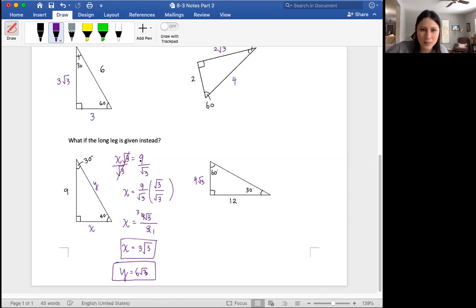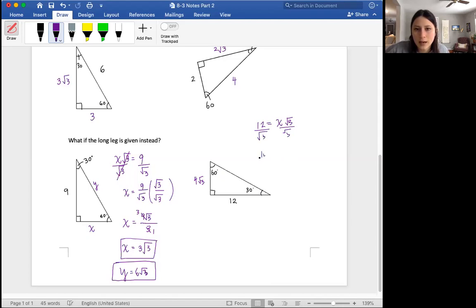So let's just double check. I'm going to use the same method to make sure I do get 4 times square root of 3. So again, if I'm given 12 as my long leg, I know that equals the short leg times square root of 3. So I'm going to divide both sides by square root of 3.